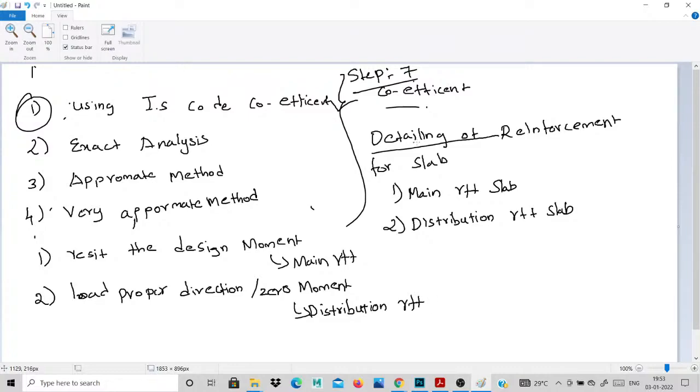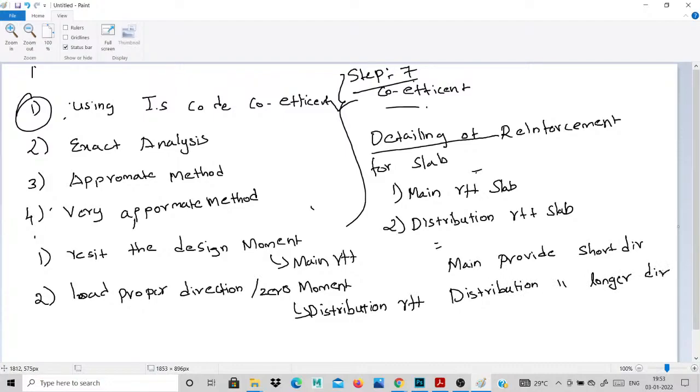Next, the one-way slab: the main steel is provided in the shorter direction, and the distribution steel is provided in the longer direction.